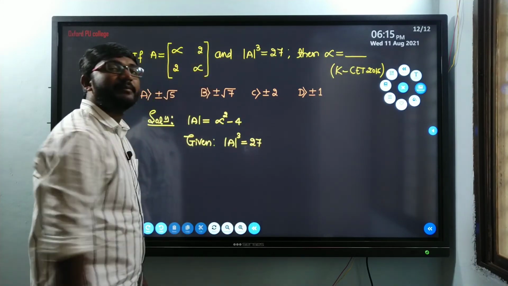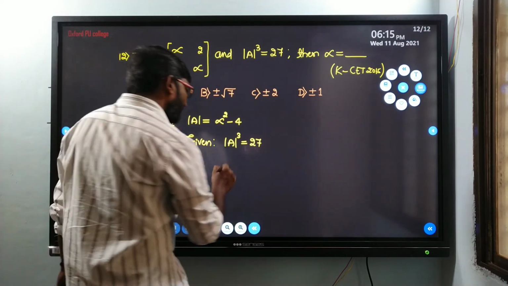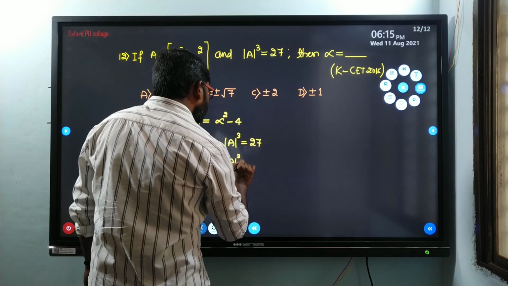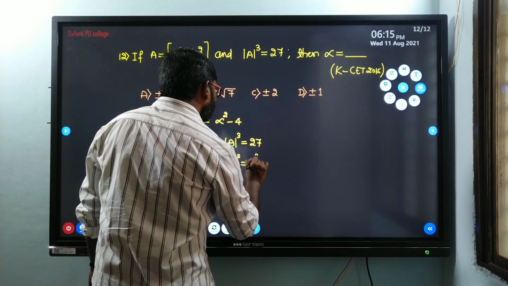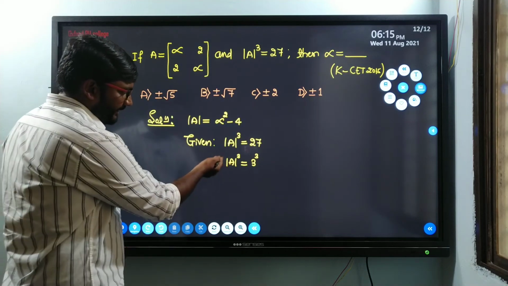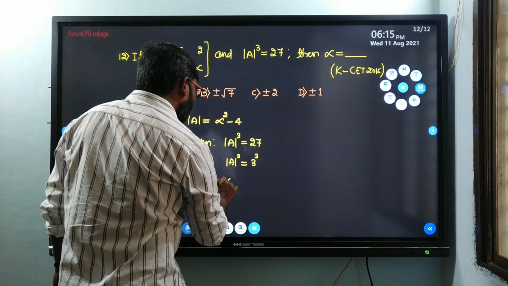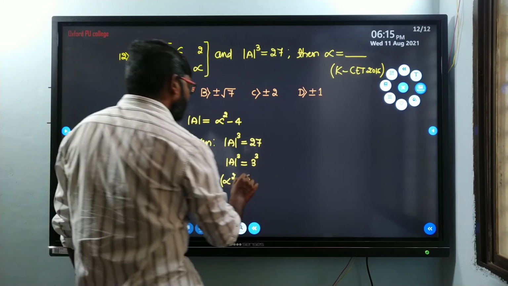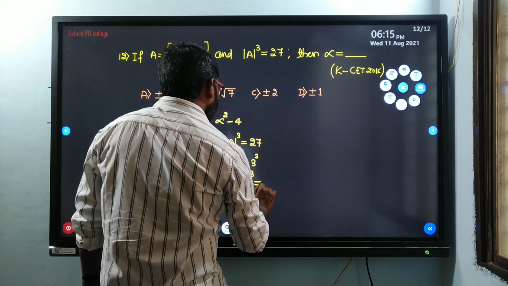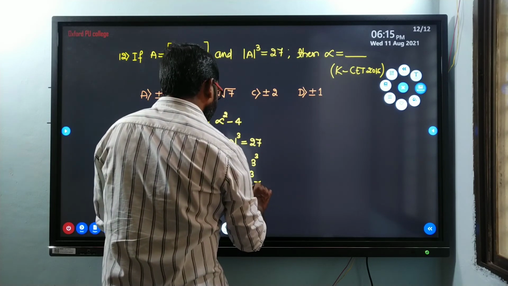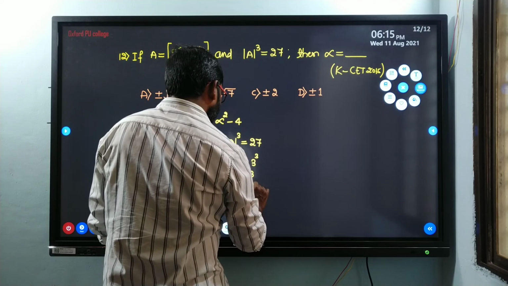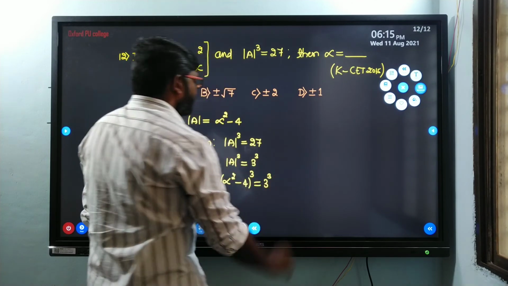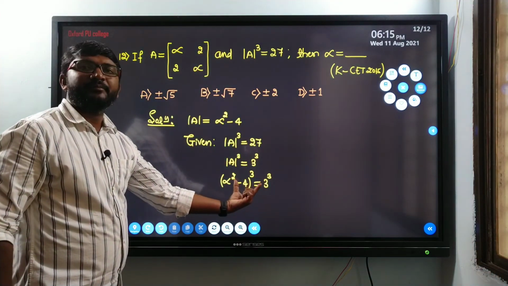How do you write 27 now? It can be written as 3 cube. So det A cube equals 3 cube. What is det A here? It is alpha square minus 4. So alpha square minus 4, the whole cube, equals 3 cube. You have the same power, so you can equate the bases.